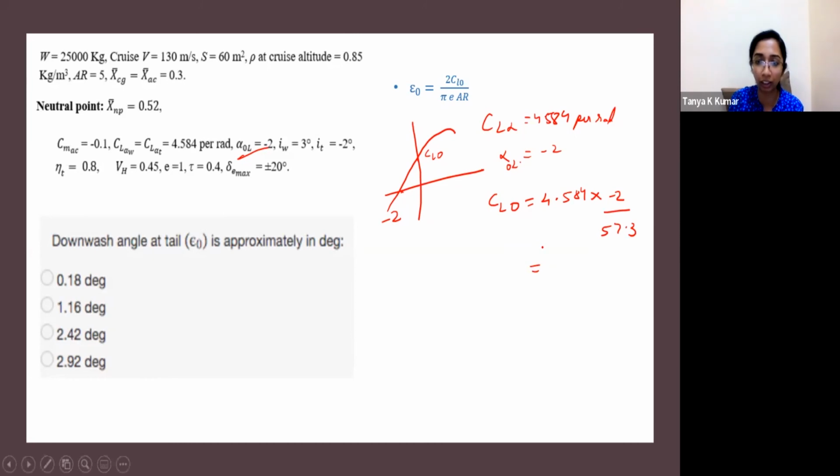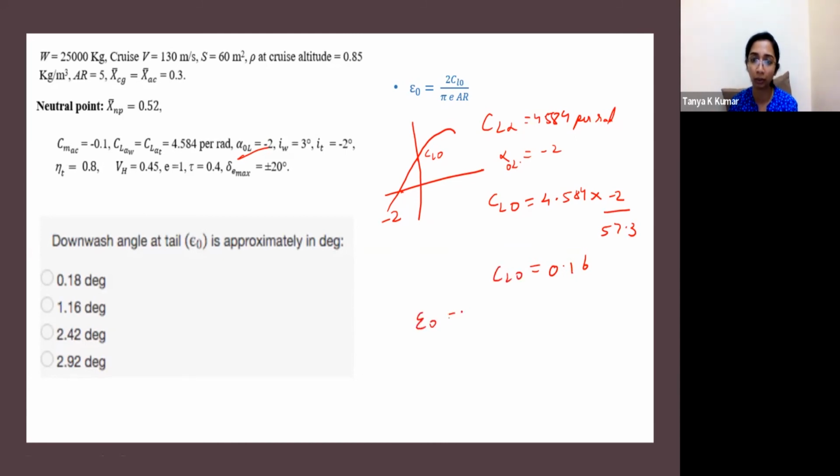Is this how you find out CL naught? Okay. So what is the value? 0.16. So this is CL naught, which we'll use in this equation.